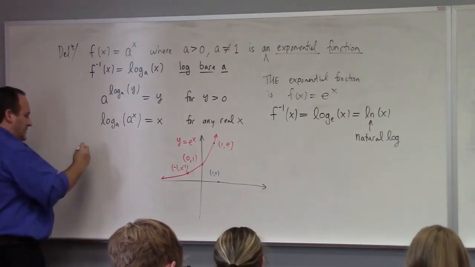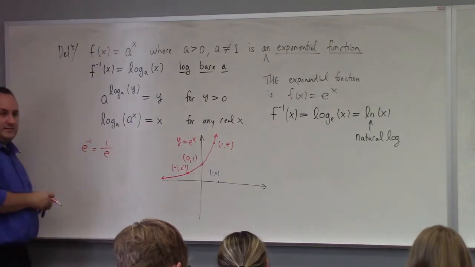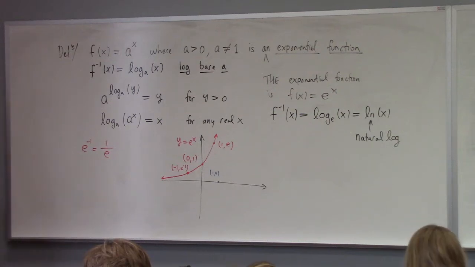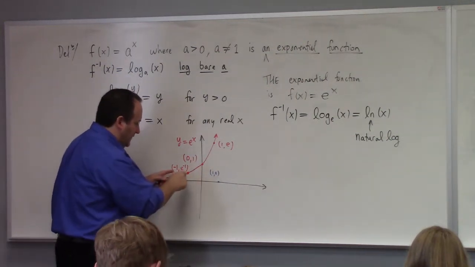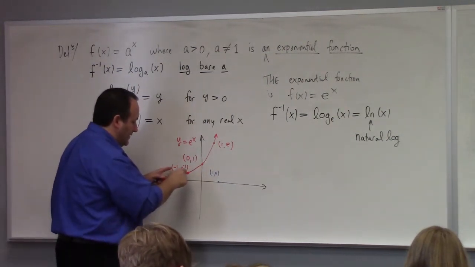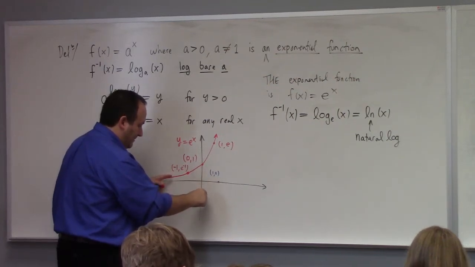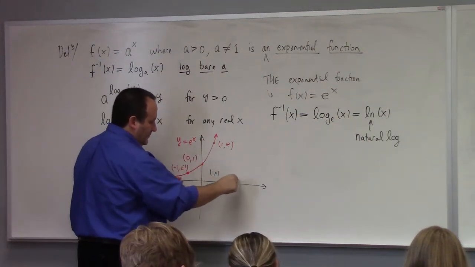By the way, what's e to the -1? It's 1 over e, right? So that's about 0.3-ish. It's 1 over 2.7, something like that. Anyway, this flips to 1 over e, -1, which is like down here, and this guy flips to e, 1, which is like over here.